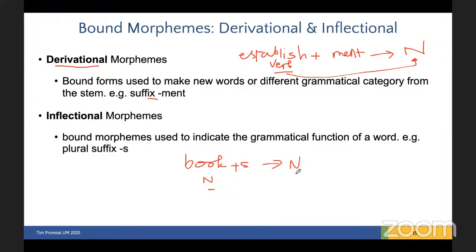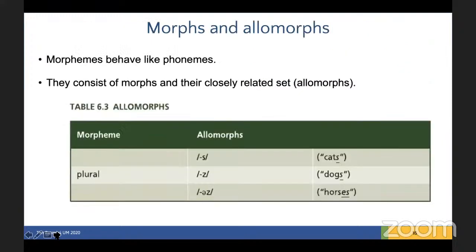Jadi kategorinya tetap noun, tapi function-nya berbeda. Ini singular, ketika ditambahi bound morpheme s, dia menjadi noun yang plural. Gitu ya. So hope this is not too confusing for you. You can read the chapter again and you can repeat the explanation. You can also ask me later.